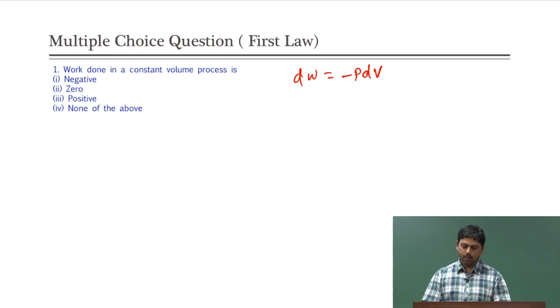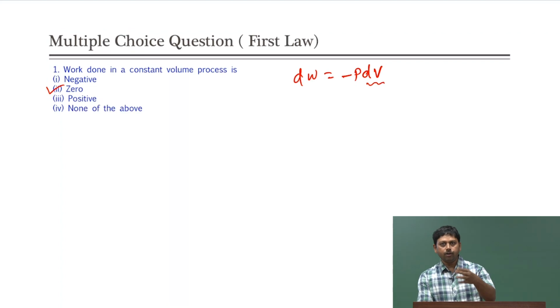So, we have to see the change in volume in order to see the work done. Since it is a constant volume process, dV equals 0. If dV equals 0, then the work done will be 0. So, 0 will be the answer to the question.